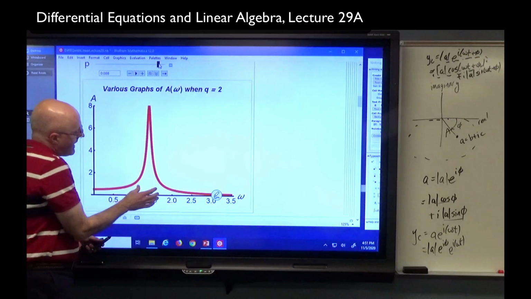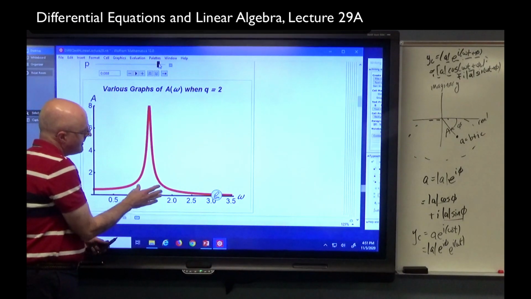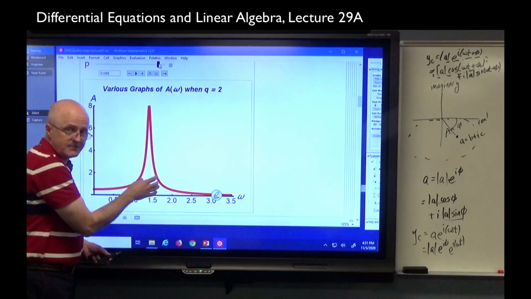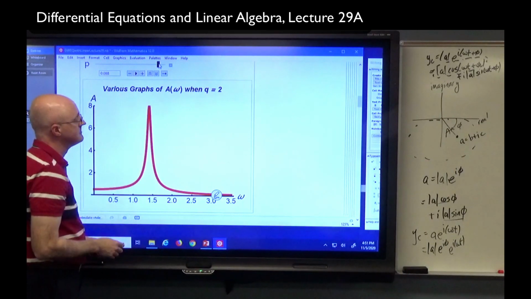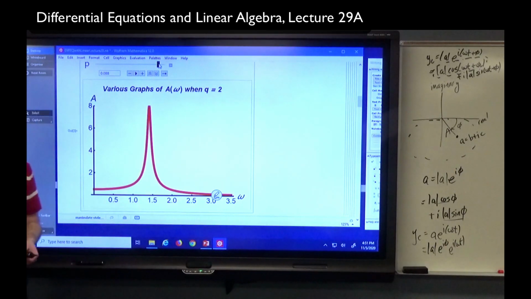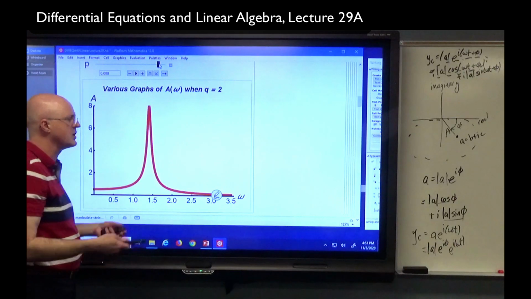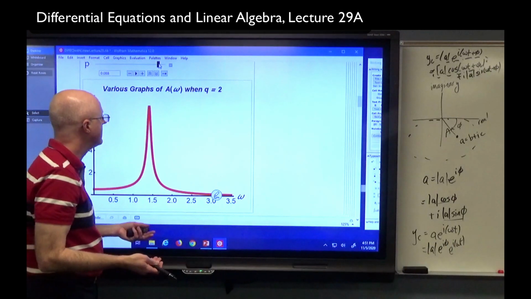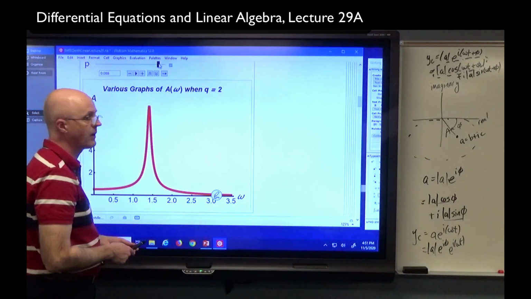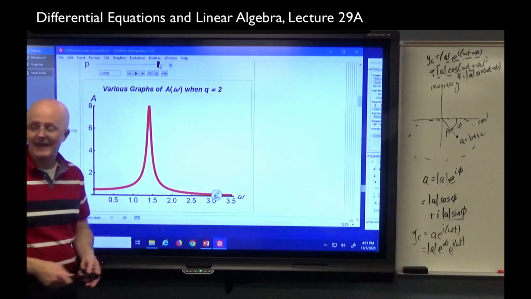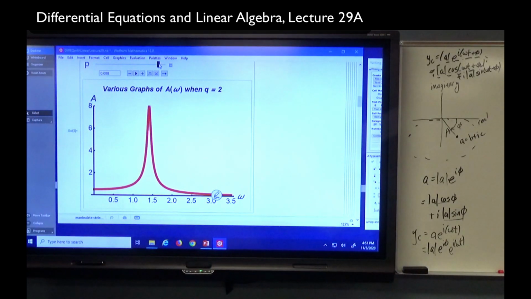As omega moves away from 1.4 or so, that amplitude does decrease pretty rapidly when p is small. You should expect a large forced response, which all solutions approach as t goes to infinity, when omega is close to square root of 2 in this case. And it gets more pronounced when p is small, when the damping is small.